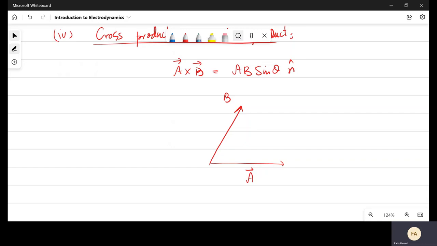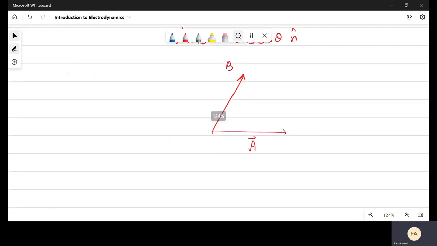The problem is we have two normal directions, one is upward and other is downward. To remove the ambiguity, we use the right hand rule. For right hand rule, we put our fingers in the direction of the first vector, and then we bend them towards the vector B. Then our thumb will point in the direction of the normal.